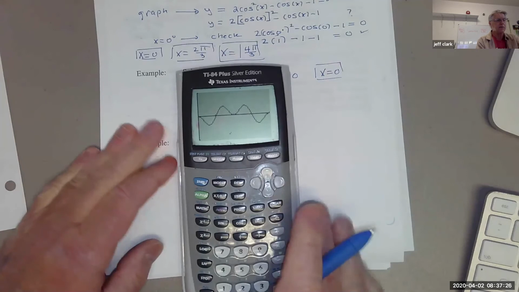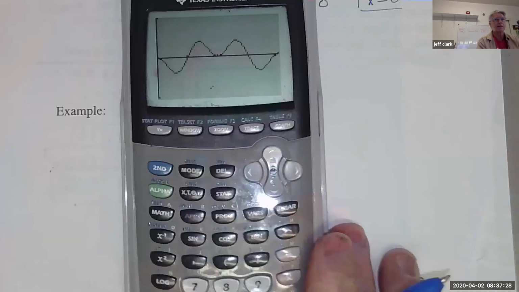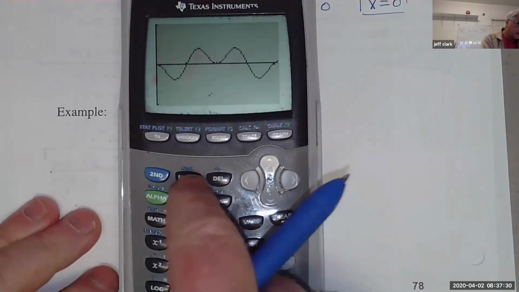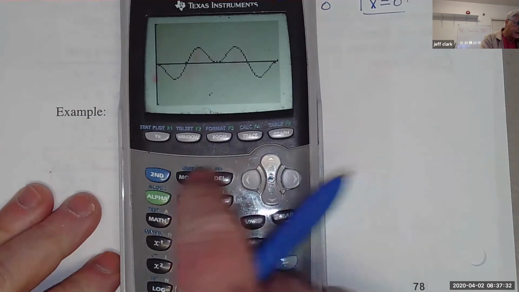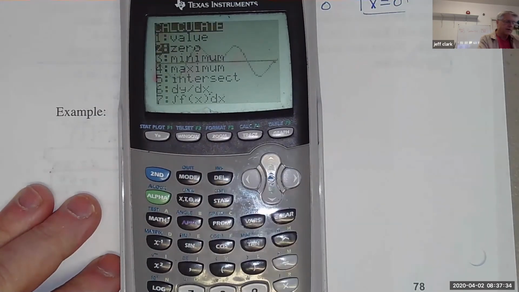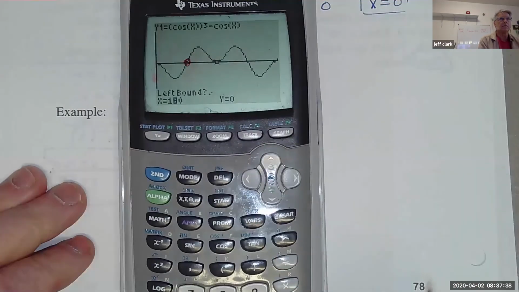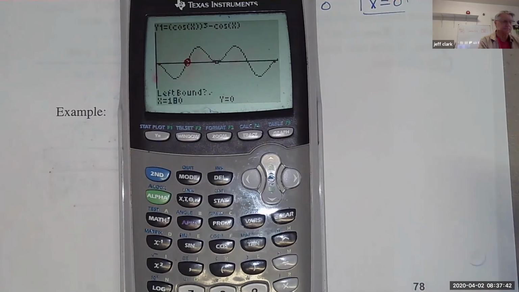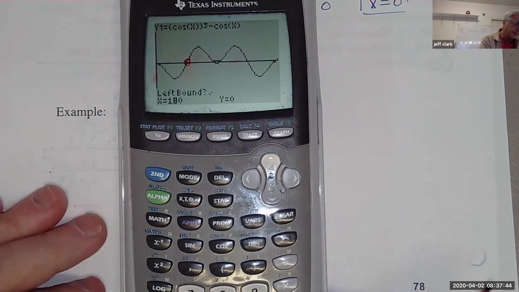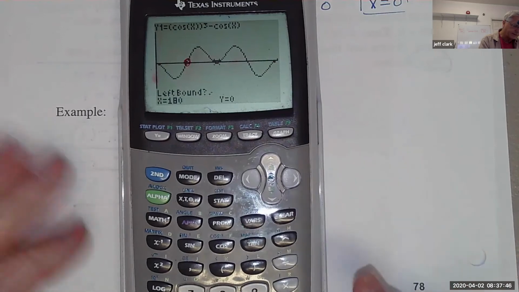Now I got to use my zero feature. Let me go second calc 0. And I'm looking for that one. Oh, well, that looks like 90 degrees. Let's just double check. I'm going to go left to be, let's say, 45 degrees.